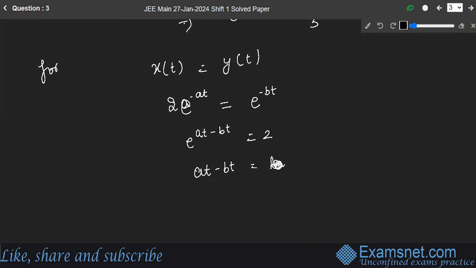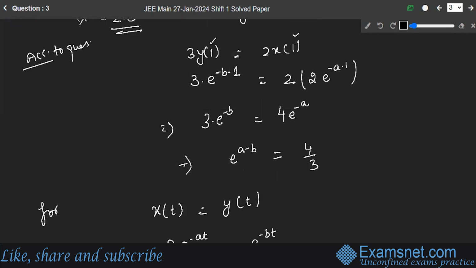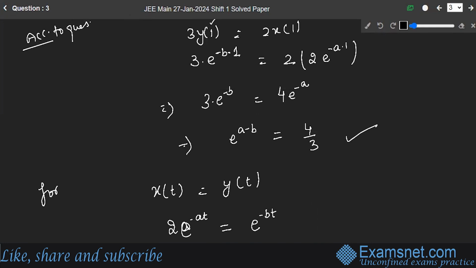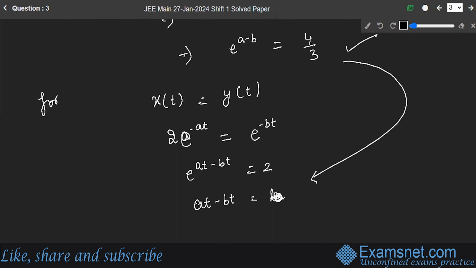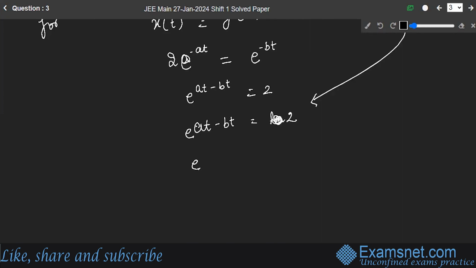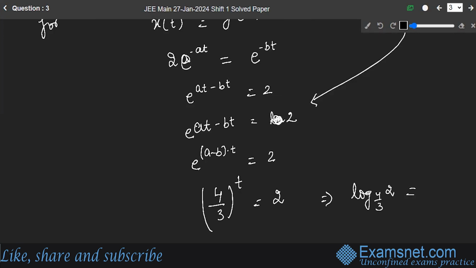We already have one value. This was the one, right? I'll be using this value over here. E raised to power a minus b is equal to 4 by 3. This is raised to power t, which is equal to 2. So this will be log 2 to the base 4 by 3 is equal to t. So this is the value of t for which the value of both the functions will be equal.